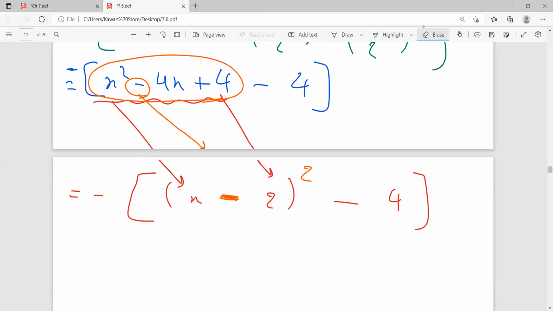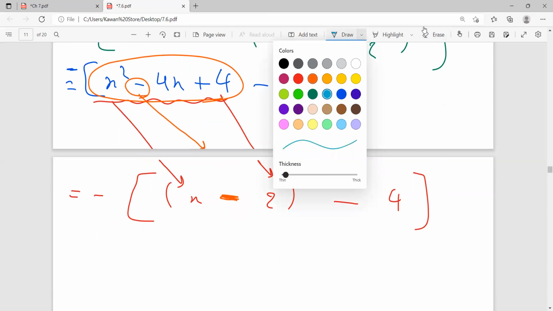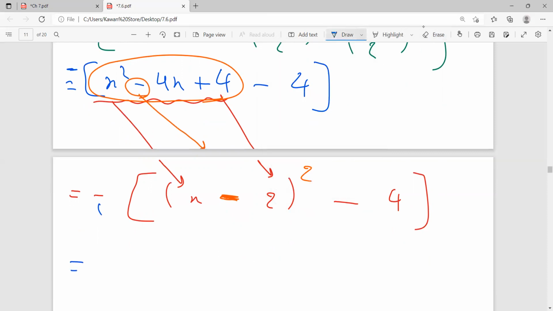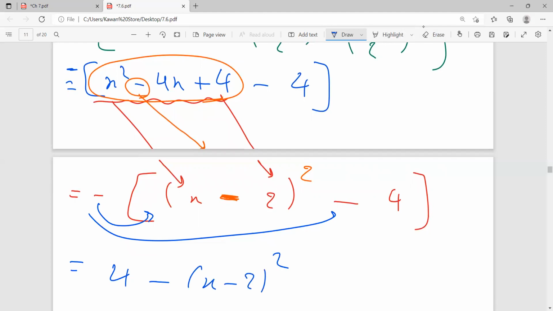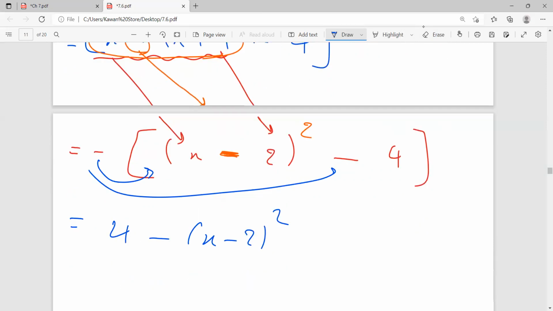Now is multiplication time. It's time to multiply them. I will get 4 minus x minus 2 square. Am I right? So this is the complete square.